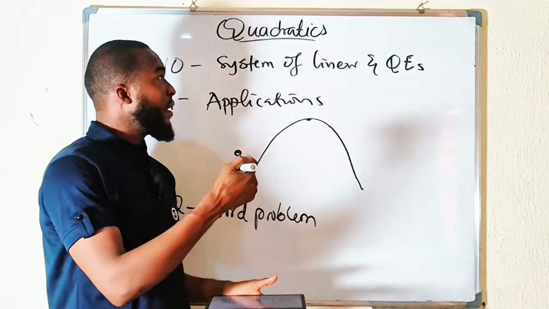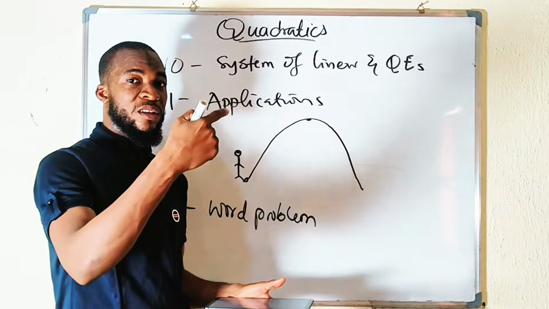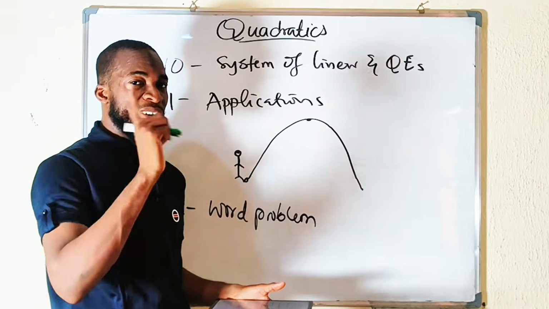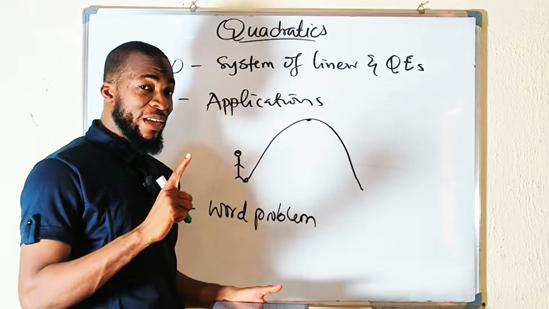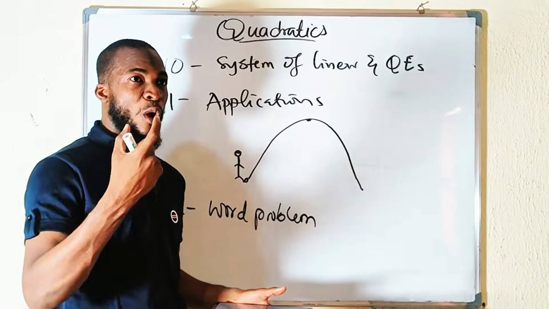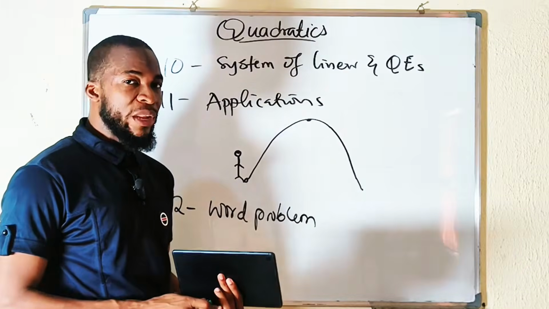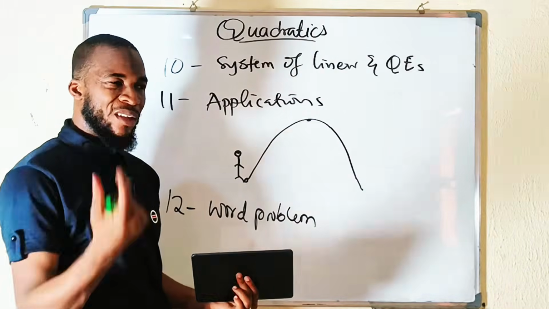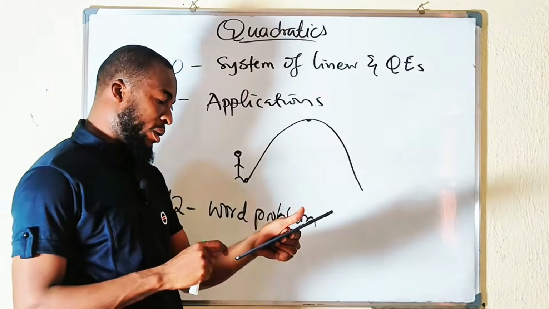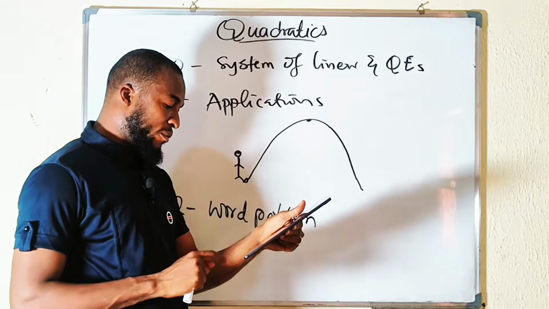You should know that if you have a quadratic equation, a can never be equal to 0, right? And if you have rational quadratics, you should know that the denominator cannot be 0. These are some of the things you should be very careful about.